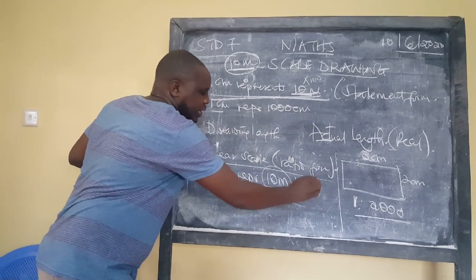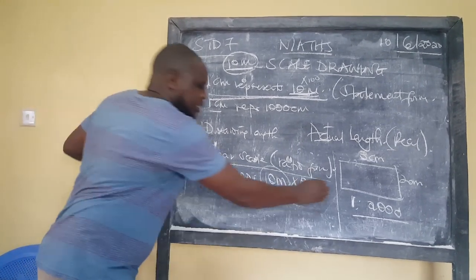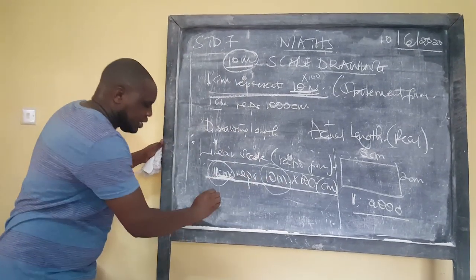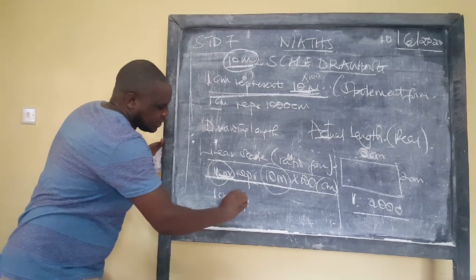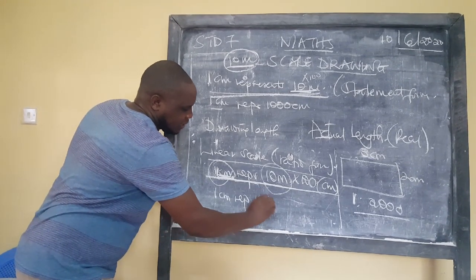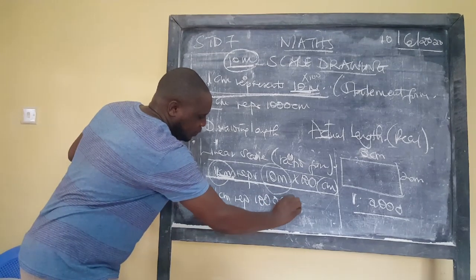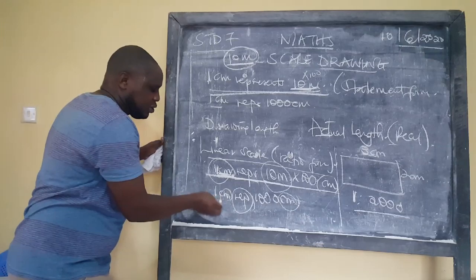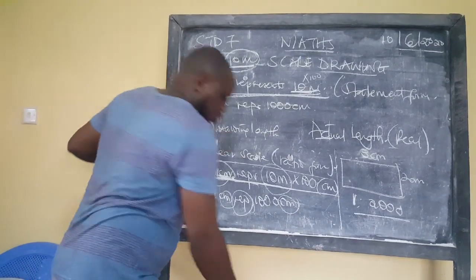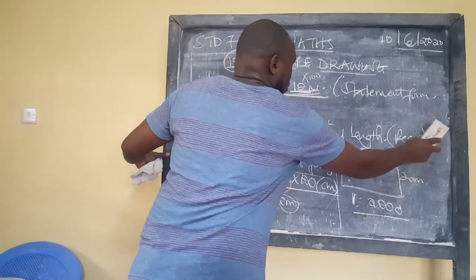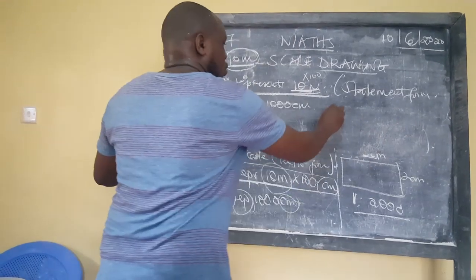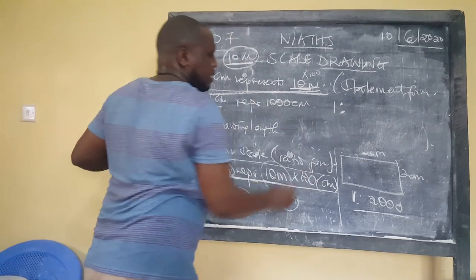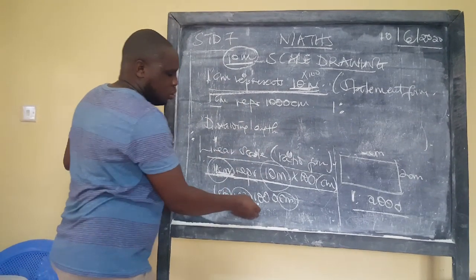You multiply by 100, so 1 centimeter represents 1,000 centimeters. Now in ratio form we don't have the units, because the units are the same, we remove them. So our answer in this case will be 1:1000. So 1 to 1000.